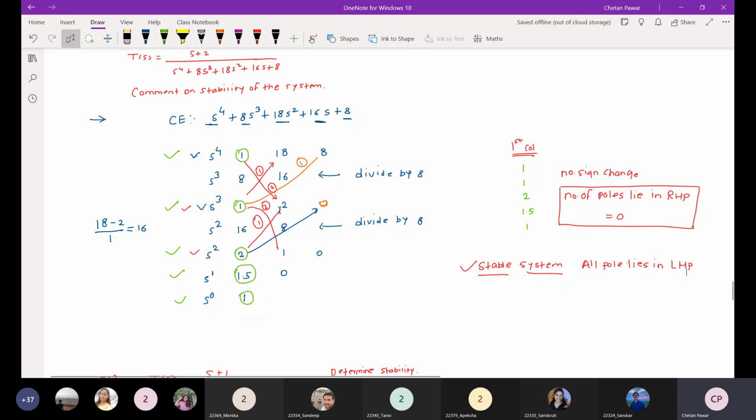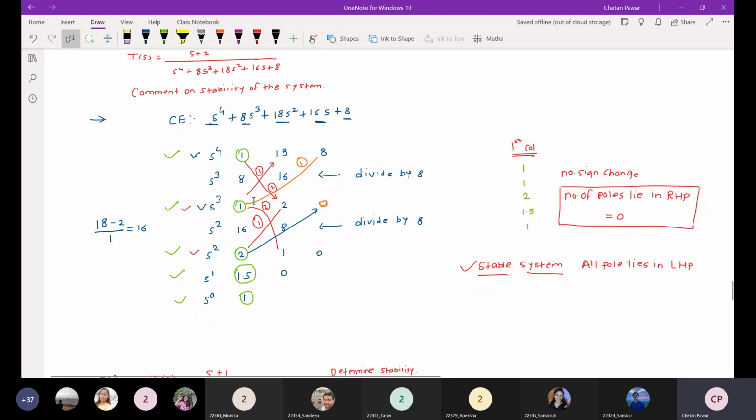Now we need to find the elements of other rows. So for s raised to 2, we need to find the elements of this row. To find them, we need to consider the elements of the previous two rows, s raised to 4 and s raised to 3. Now how will you find it?